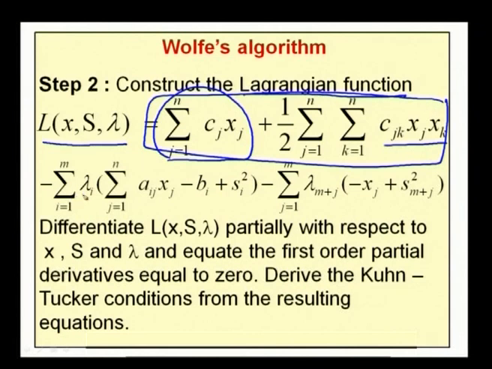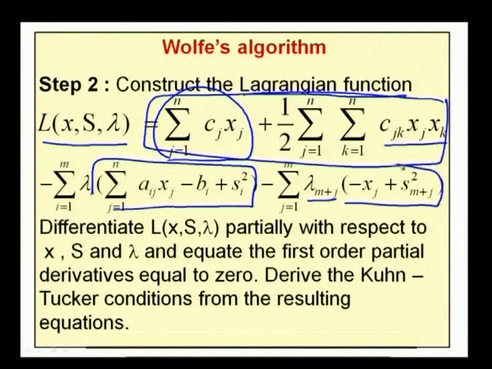Then minus summation lambda_i into summation a_ij x_j minus b_i plus s_i squared. This corresponds to the given set of constraints. And minus summation j equal to 1 to n lambda_{m+j} into minus x_j plus s_{m+j} squared, and this set of terms corresponds to the given non-negativity restrictions. So, construct the Lagrangian function for the given quadratic programming problem, which we displayed here.